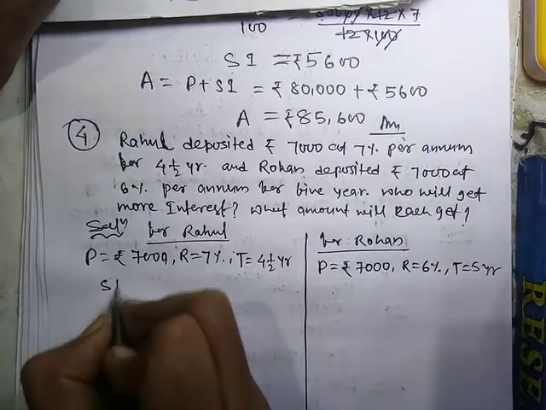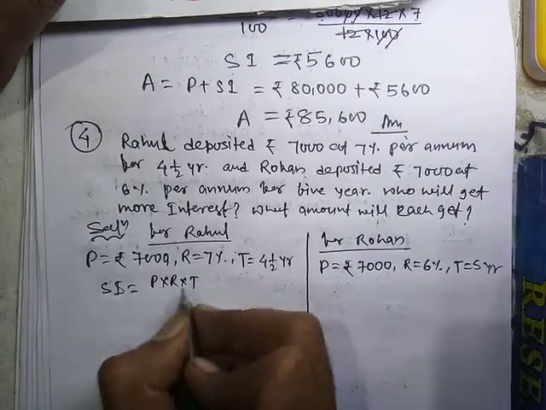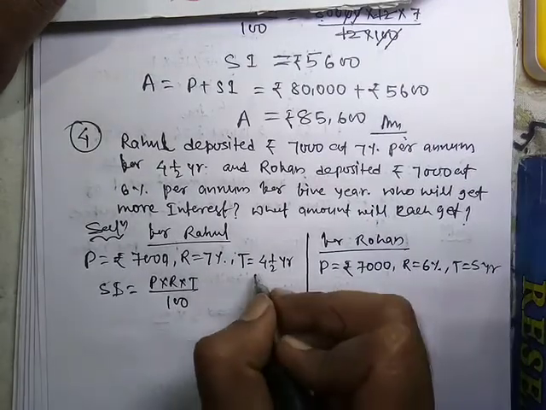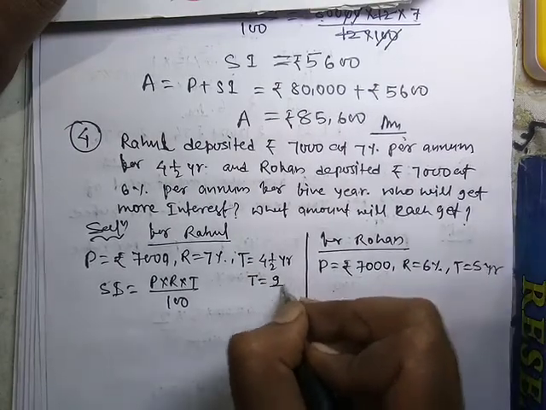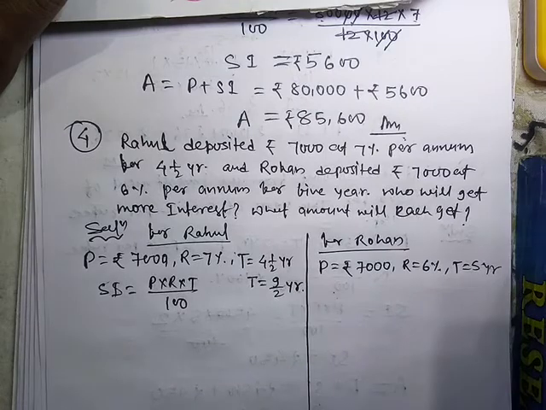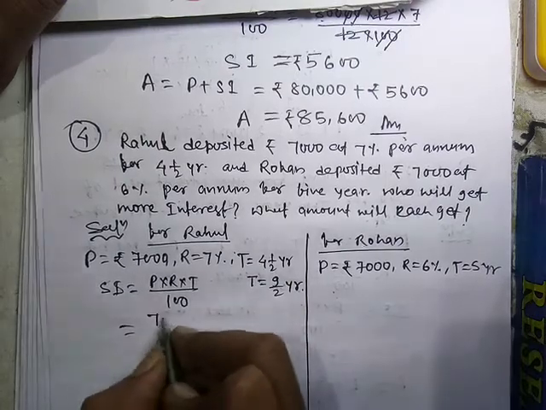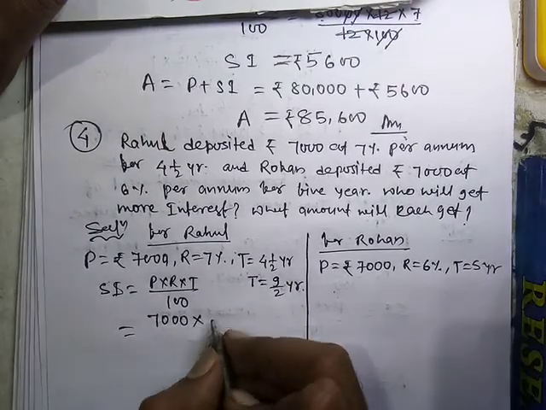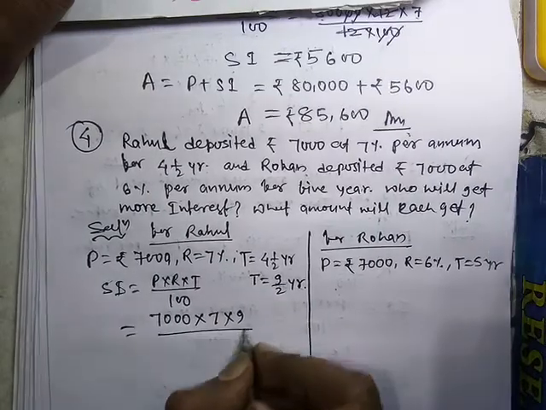Simple interest for Rahul, by using the formula P into R into T by 100. Here time is 4 whole 1 by 2, so we write T is equal to 9 by 2 years. Here time is given in a mixed number, so convert it into an improper fraction. Here P is rupees 7,000, R is 7%, and time is 9 by 2 years.